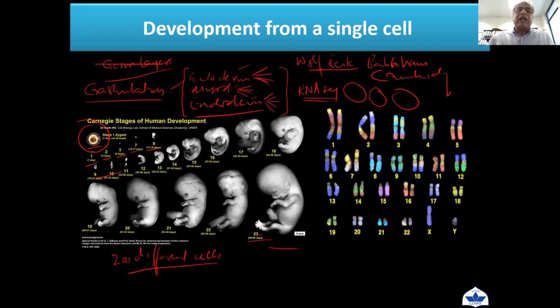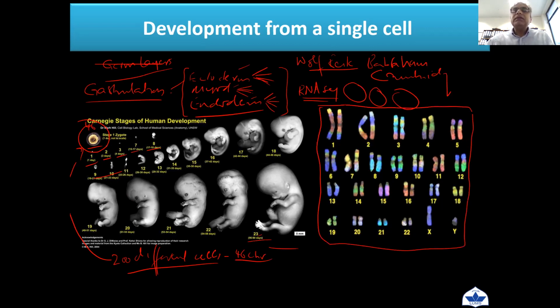And all these cell types originated from a single fertilized egg, which means the 46 chromosomes here, each cell type, with the exception of germ cells, contains 46 chromosomes. These are those 46 chromosomes in a diploid cell.